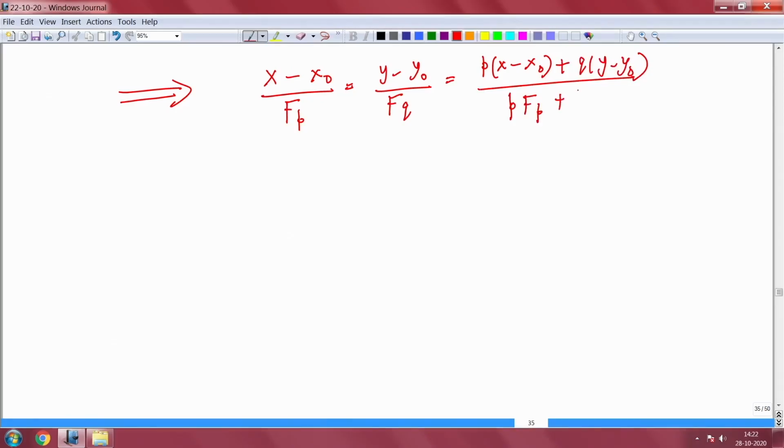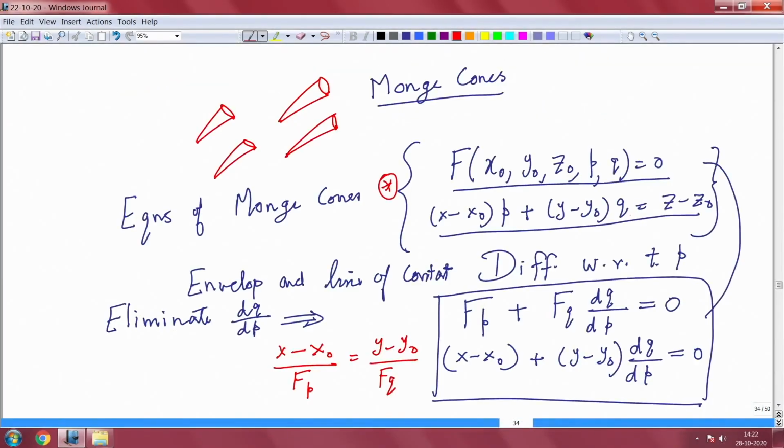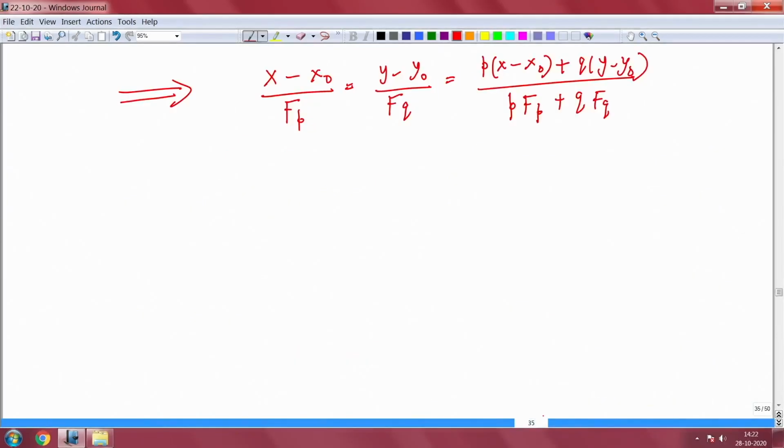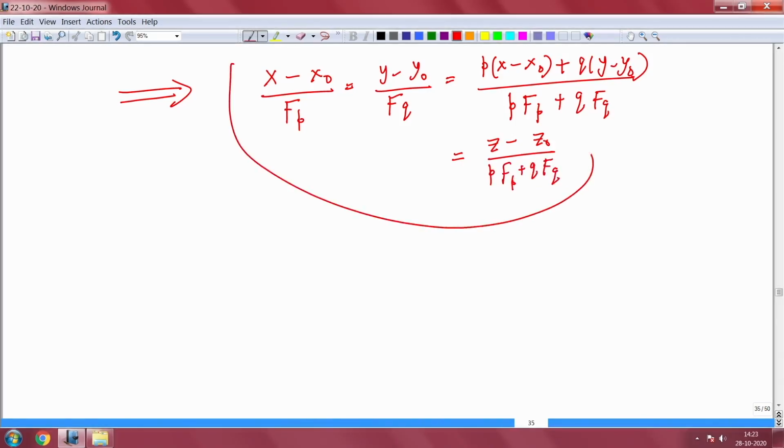This will be equal to q f_q. But p into (x minus x naught) plus q into (y minus y naught) will be z minus z naught. So this will be the same as (z minus z naught) by (p f_p plus q f_q). This is nothing but the equation of a line, right? These three things together are the equation of the line of contact. You see?